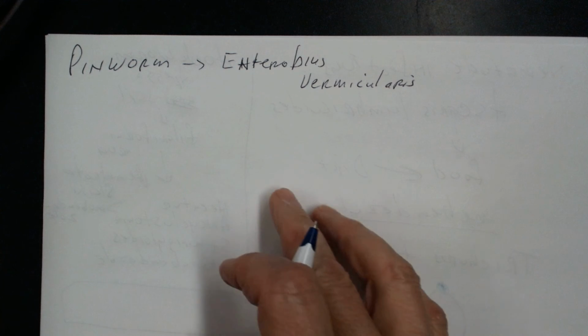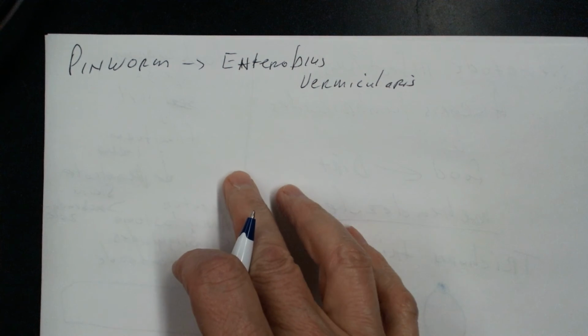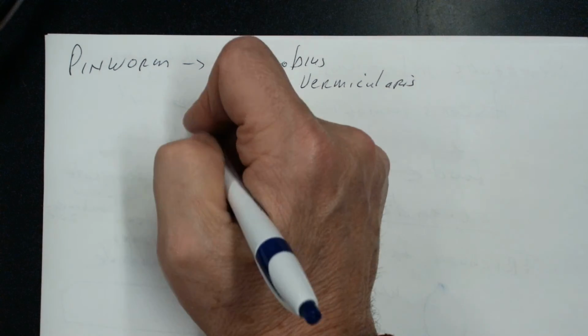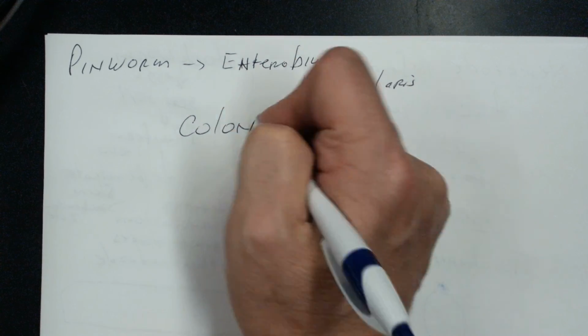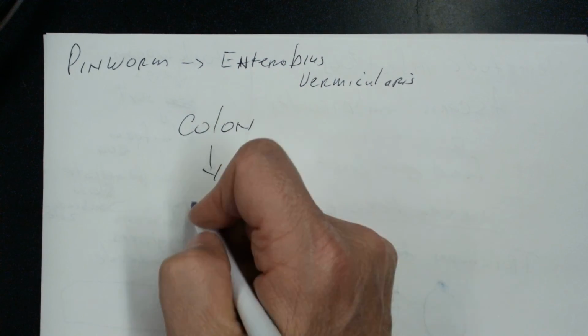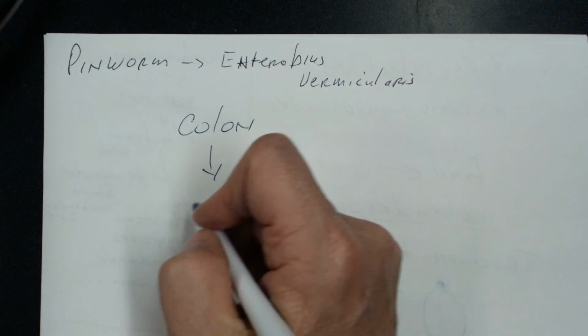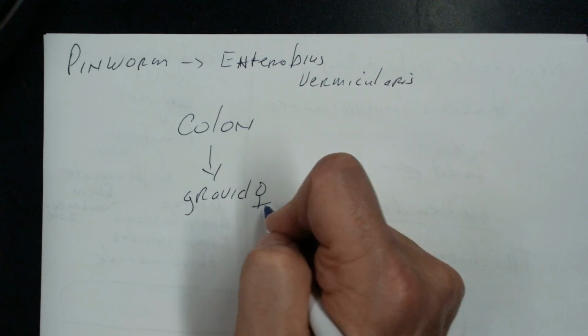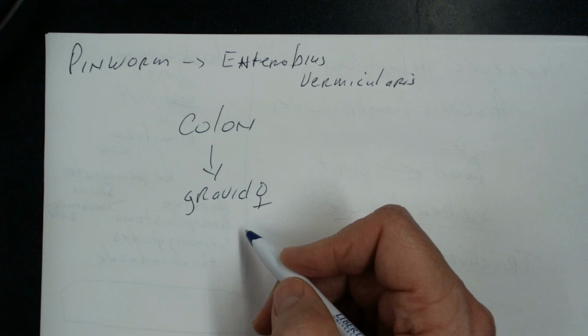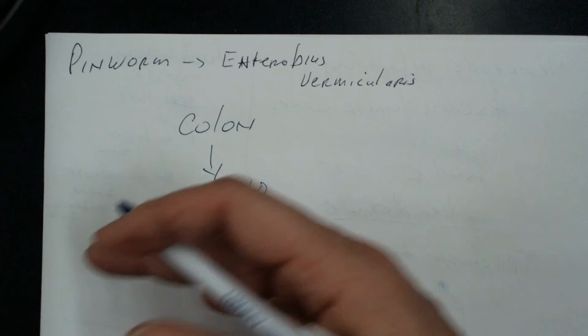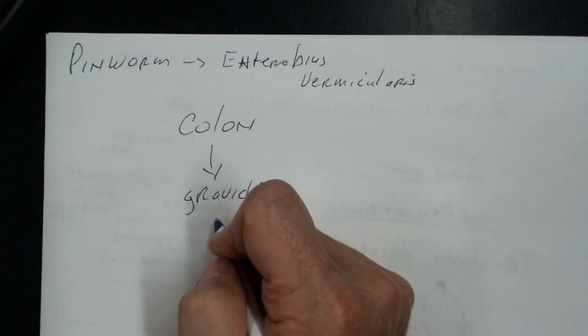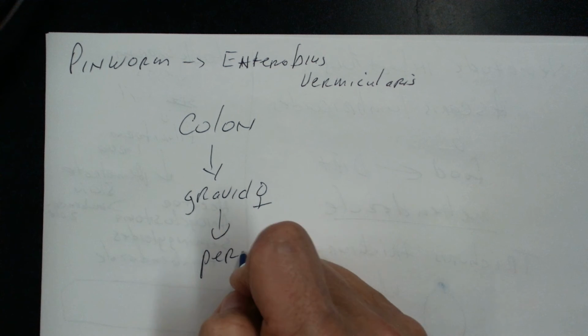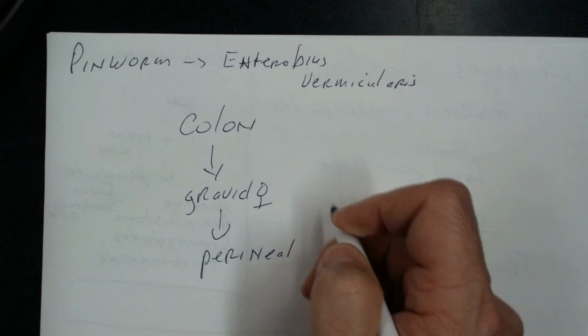So the organism lives in the colon, and then at night, the gravid female, she emerges on the perineum and she disintegrates. And so she causes perineal itching.